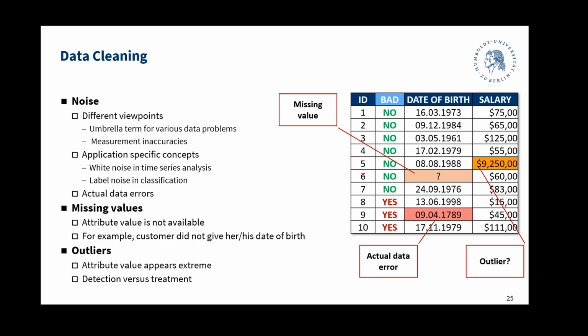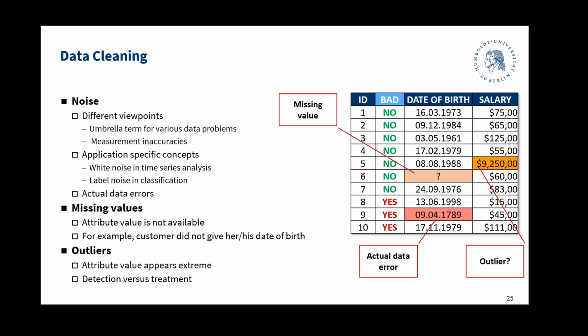Yes, indeed, for the purpose of analytical modeling, it might be preferable to manipulate the data, to change some values to artificially lower this salary, because its impact on your model might be substantial. And depending on what your model is aimed to do, you might want to avoid such a big impact of a single observation, right?